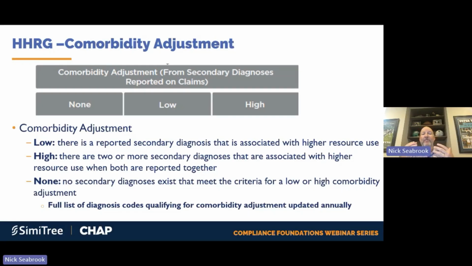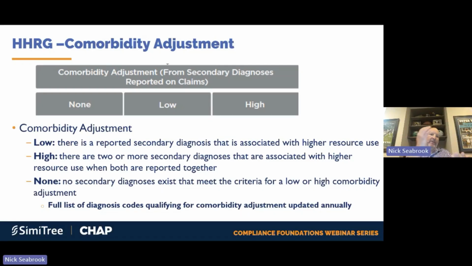So this comorbidity adjustment is in place if the patient has additional comorbid conditions that, from the analysis of the data that CMS looks at every year, CMS has determined are going to be your higher cost patients.